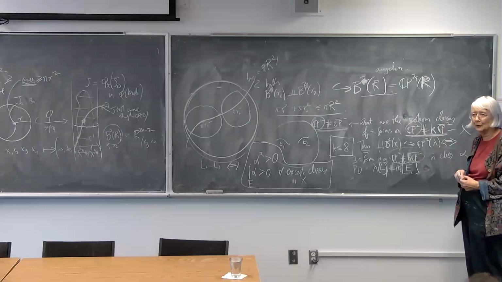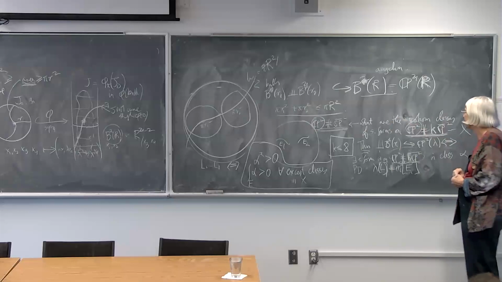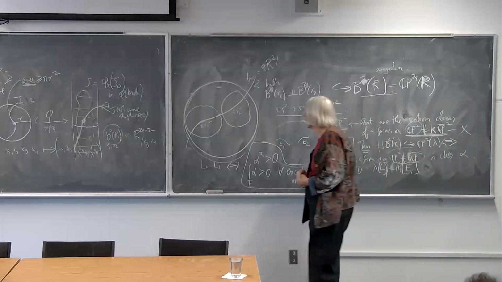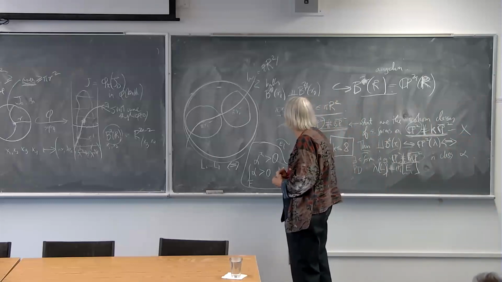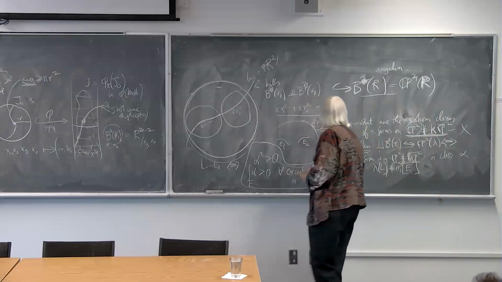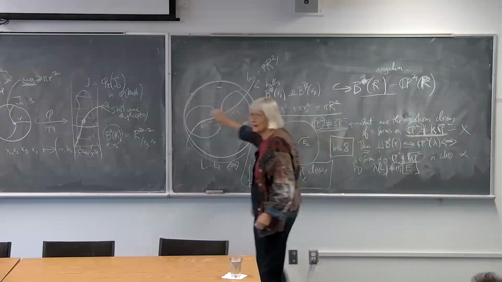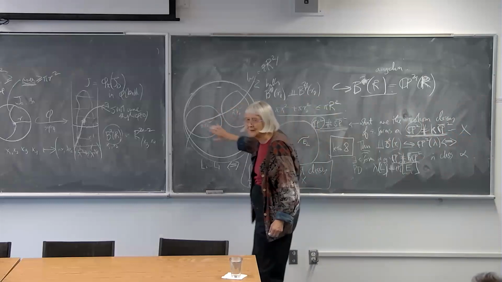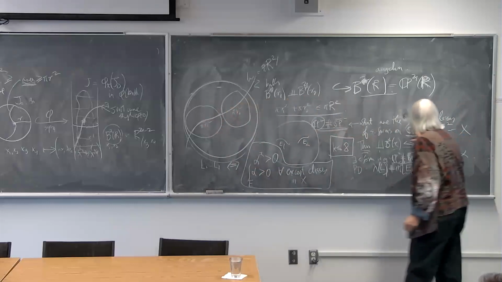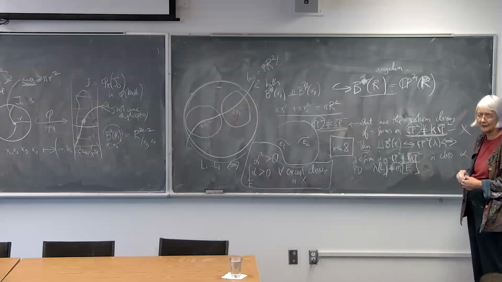And Lalonde, Polterovich and I think what we did was work it out when we assumed all our balls were the same size. And then it becomes easier, and then you can exactly explain what the obstructions are.